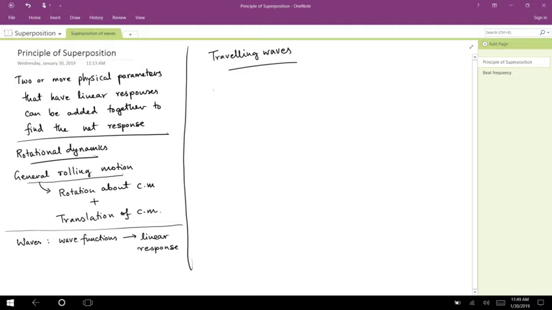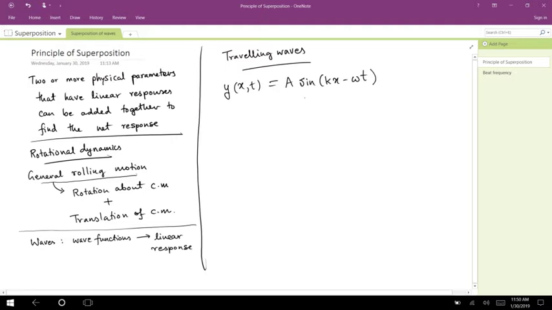A quick example of a traveling wave is y of x comma t equals A sine kx minus omega t. Just to remind you, this A is the amplitude of the wave, k is called the wave number, and omega we refer to as the angular frequency.